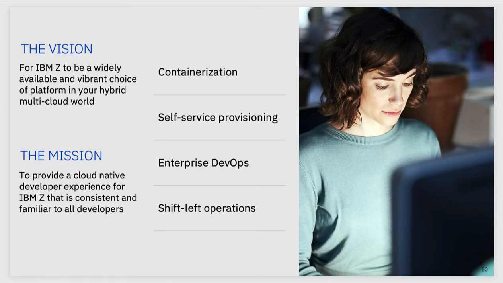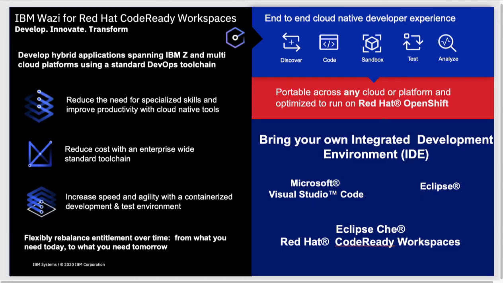So the vision for the container-based solution is to enable developers to self-provision the environments that they need very quickly and giving them access in the cloud to the tools that they need without having all this installation overhead. And so the technologies and the application capabilities that we're working on are all centered around Red Hat and OpenShift.